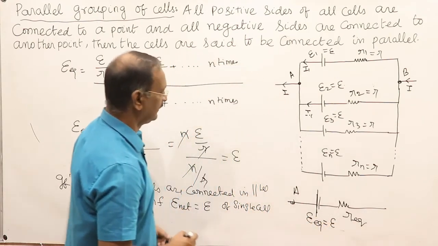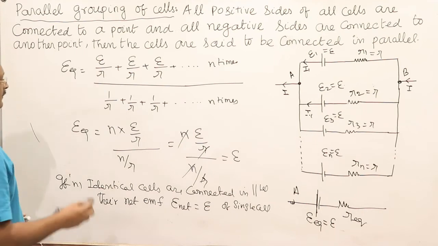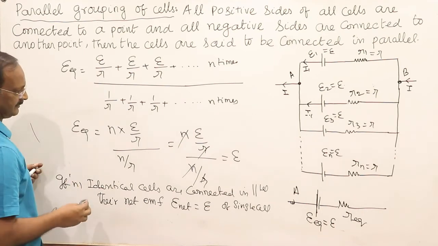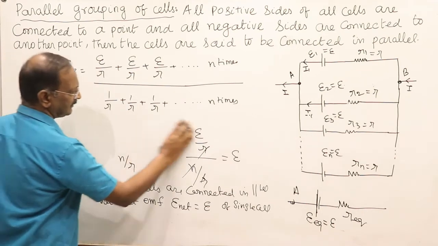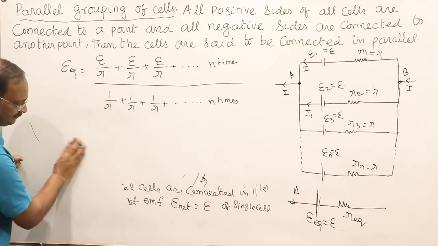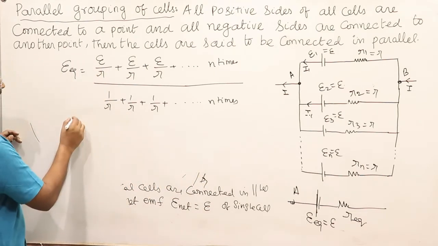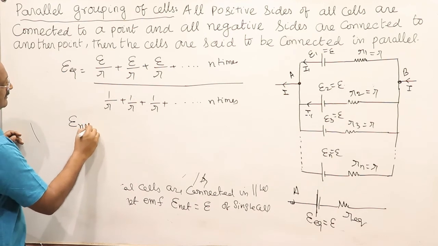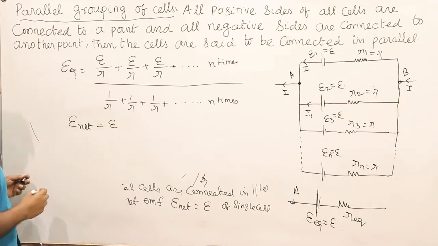And what about R equivalent? We have to find out R equivalent. EMF net is equal to the EMF of a single cell.